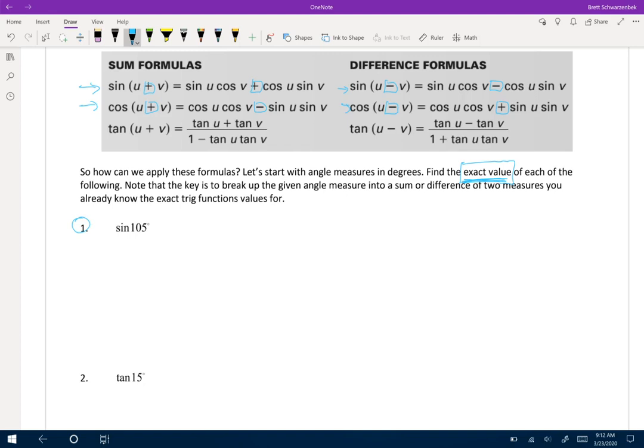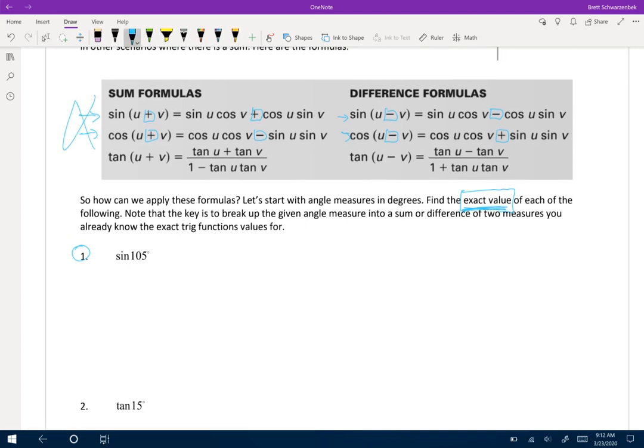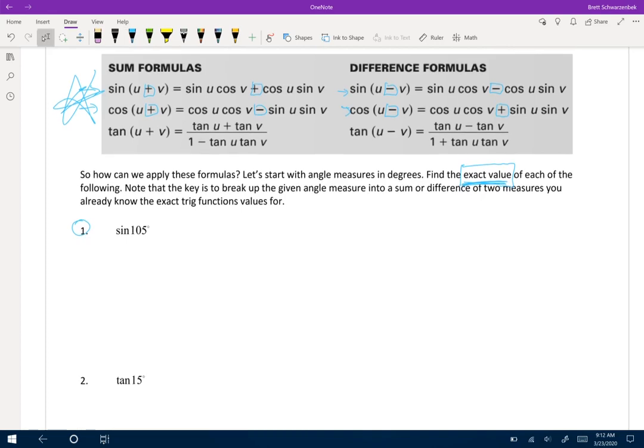Well, we do it using the sum and difference formulas over here. The key is we want to change the sine of 105 into the sine of the sum or difference of two angles. Well, 105 is not a familiar angle to us, but we do have several other angles that are familiar to us and create exact values based on previous content.